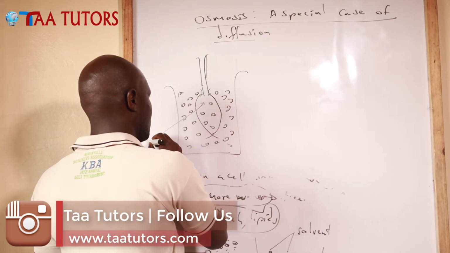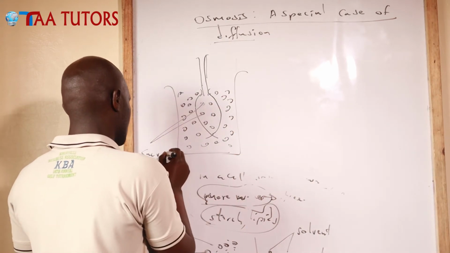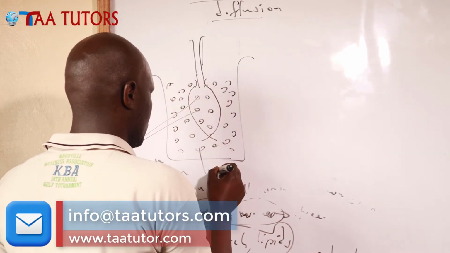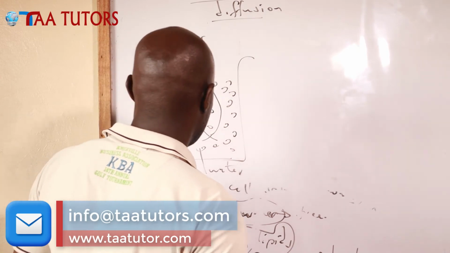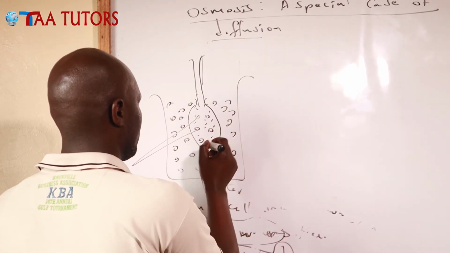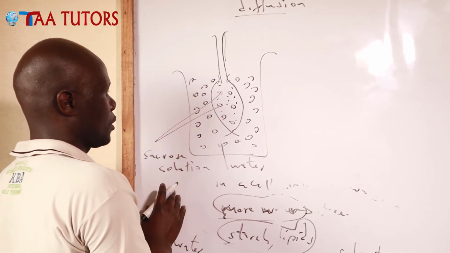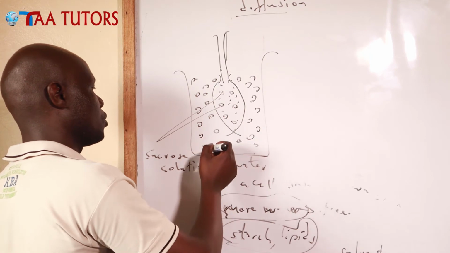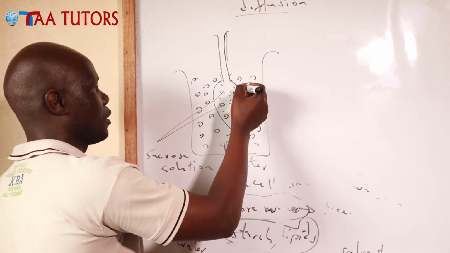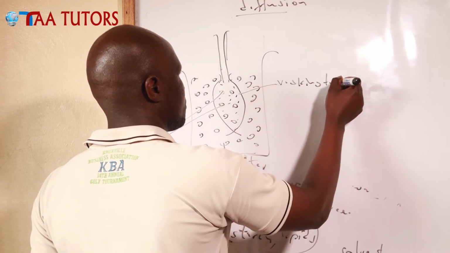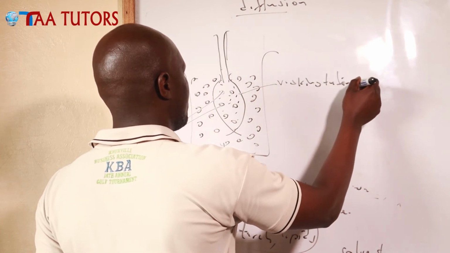I want to indicate them. So this one becomes sucrose solution, and then this is water. You can see that there are also water molecules here, but few. So there exists a potential difference here. We have water molecules outside the whisking tubing. This is whisking tubing. It is partially permeable.